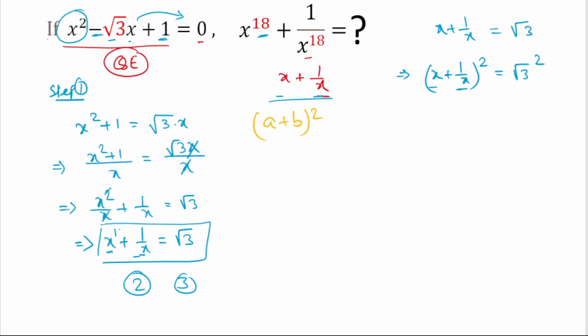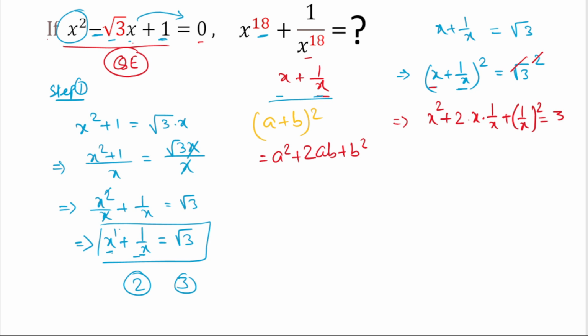We can write the formula as a square plus 2 times ab plus b square. So likewise we'll write it here: x square plus 2, a means x, so x times b means 1 over x, plus b square means 1 over x whole square, is equal to, here the square root and square get cancelled, so it is 3.